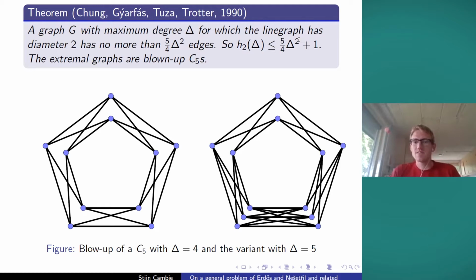So note, in this case, if you look at the line graph of these blown up C5s, and we take the square, actually we get a clique, because every two edges are at distance at most 2 in the line graph, so it forms a clique in the square of the line graph. But instead of looking at such graphs for which we get a clique, we also could look at the clique number.